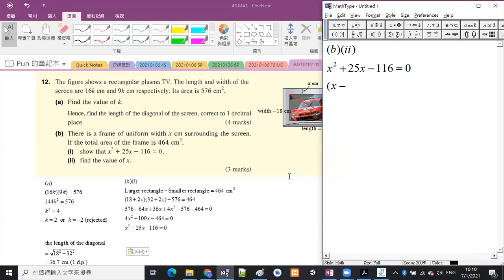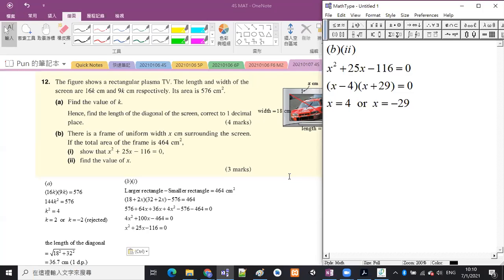It's (x minus 4)(x plus 29) equal to 0. Am I correct? Yes. Okay, so x is equal to 4, or x is equal to negative 29.